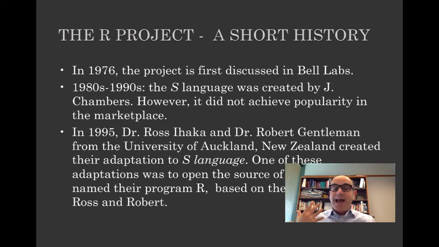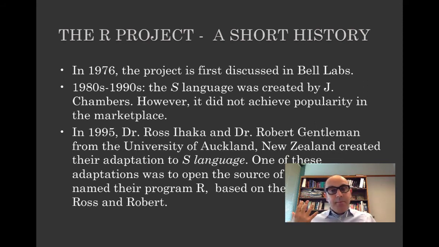In 1976, Bell Lab in New York started developing the idea of the S language. What they tried to do was come up with an application that would give the ability to analyze data.